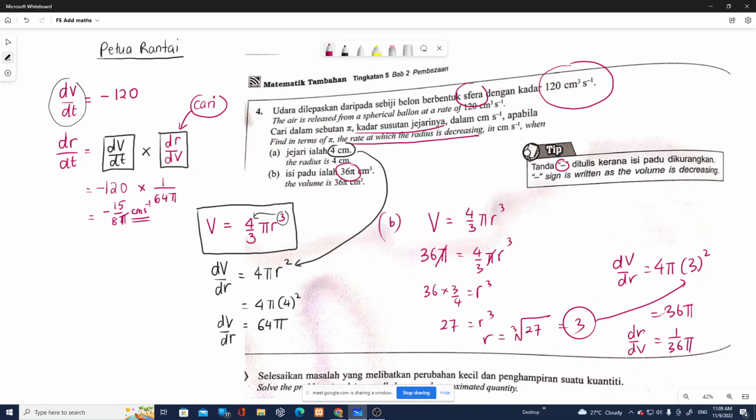Masukkan dalam formula dr per dt, petua rantai tadi. Okay, so dr per dt bersamaan dengan negatif 120 darab dengan 1/36 pi lah. Then you will get your answer. Understand? 10/3 pi jawapan dia, cm s tolak 1.